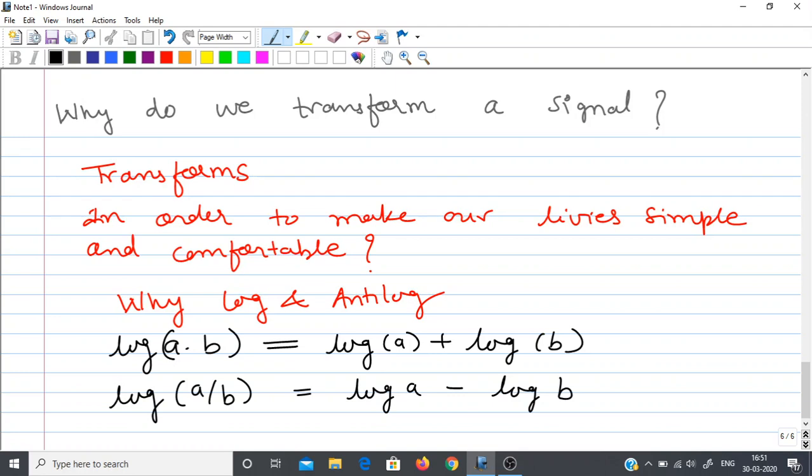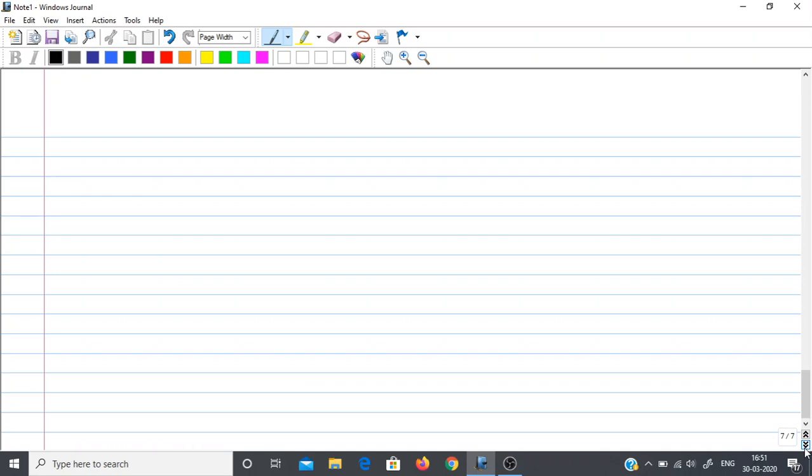Similarly, now I will address why to transform signals. How will transform make our lives simple or comfortable? That now we will see. So the answer is as follows. There are many reasons.